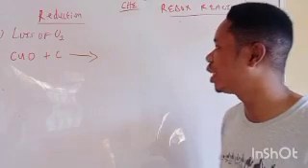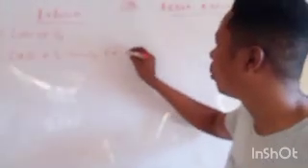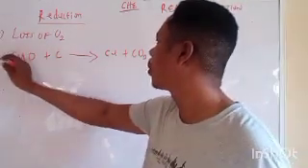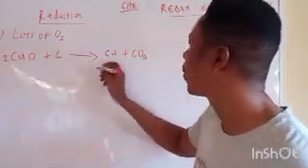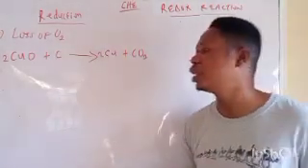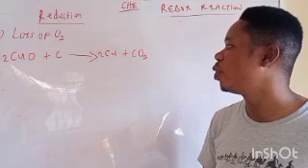Copper 2 oxide reacts with carbon. We get copper plus CO2. This reaction is a reduction reaction.